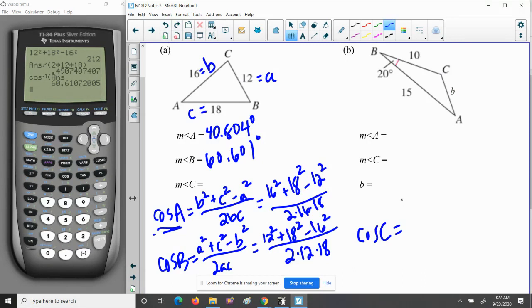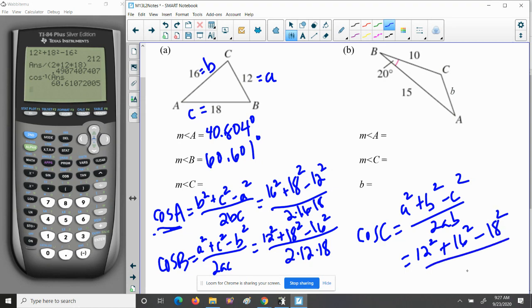Cosine of angle C should be a squared plus b squared minus c squared all over 2ab. Let's plug in. A is 12, so we have 12 squared plus b squared, so 16 squared, minus c squared, 18 squared, all over 2 times 12 times 16. Let's type that in our calculator.